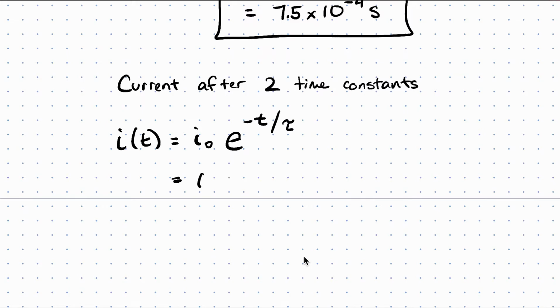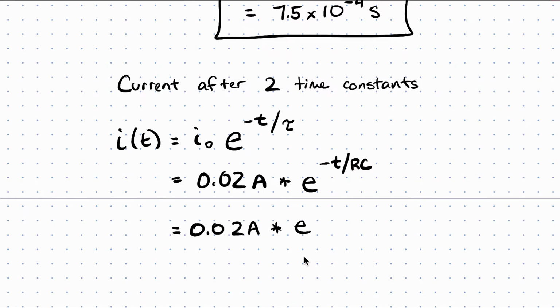But to get to this particular numerical solution, we can just plug in our original value for the original current times little e to the minus t over RC. For 2 time constants, that is going to be 0.02 amps times e to the minus 2 times RC over RC.